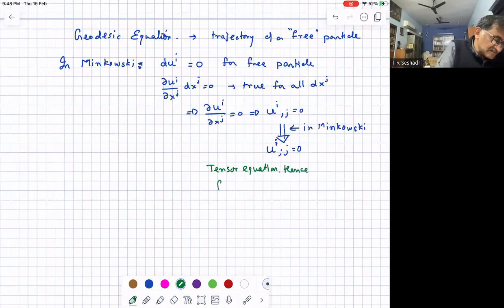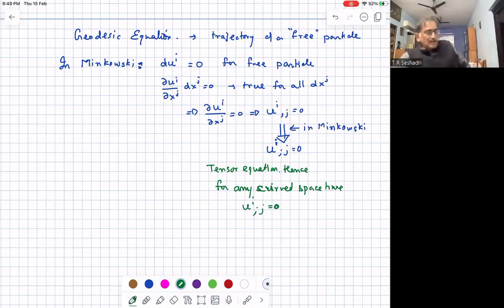Hence, for any curved space-time, u^i_{;j} is 0. Now, this is the interesting thing. It means that now, in the presence of gravity, this is my trajectory of a free particle. All right?